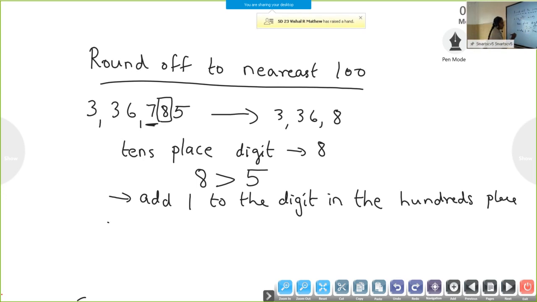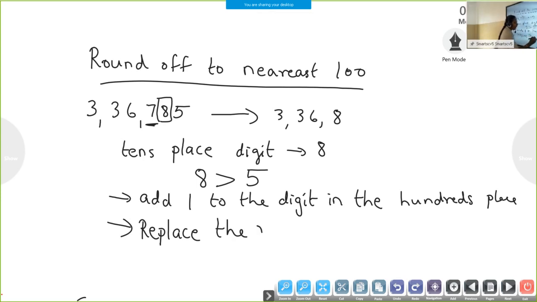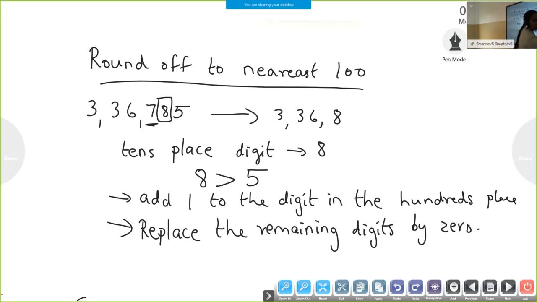Now what is the next step? We have two more digits to fill. Replace the remaining digits by zeros.